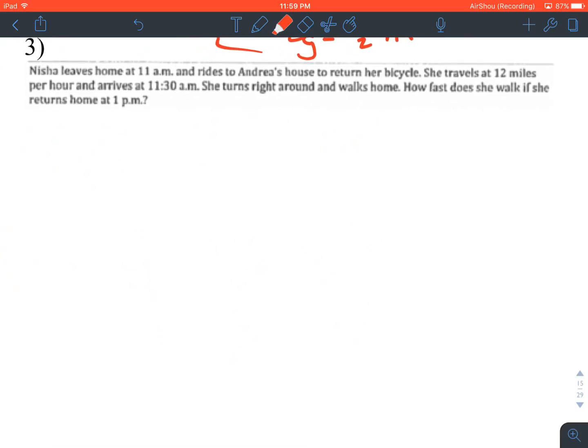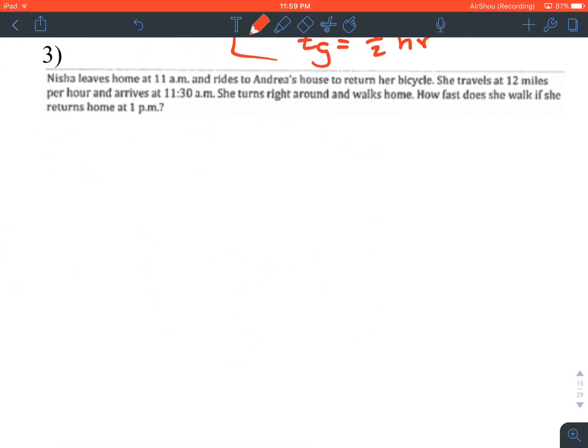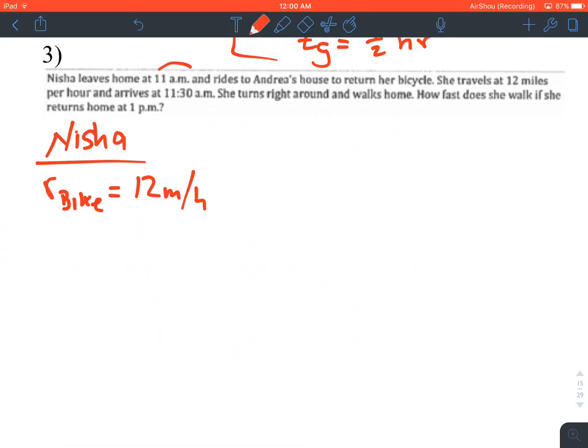So let me write down some of this information. We got Nisha, so glad to meet you. Saw you in the school hall, talking to a teacher. The rate that she rides her bike, 12 miles per hour. Took her half an hour to make that trip.